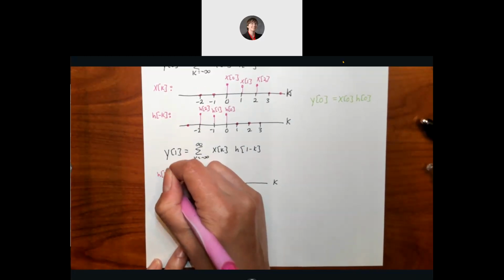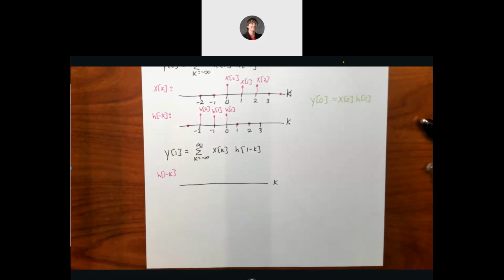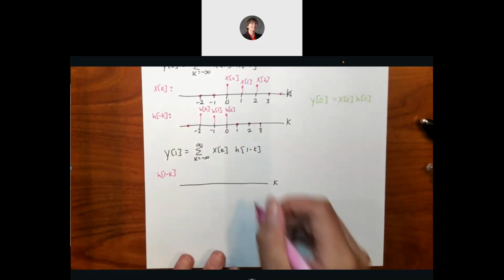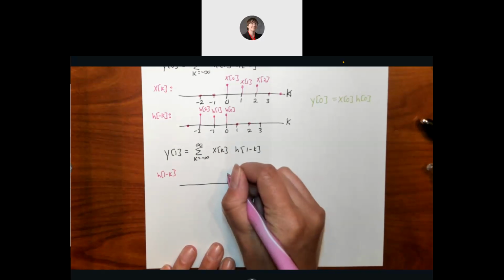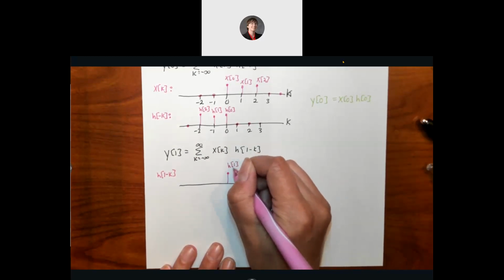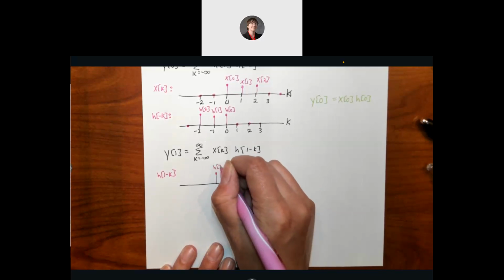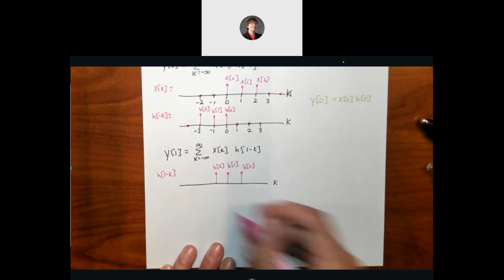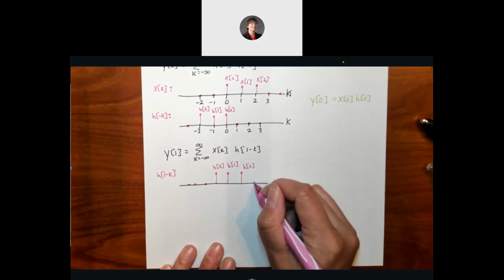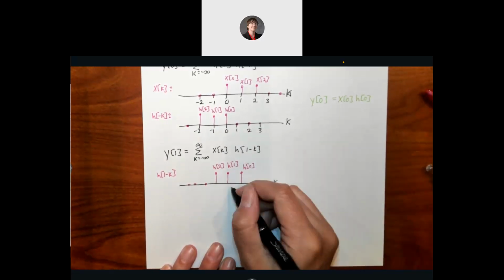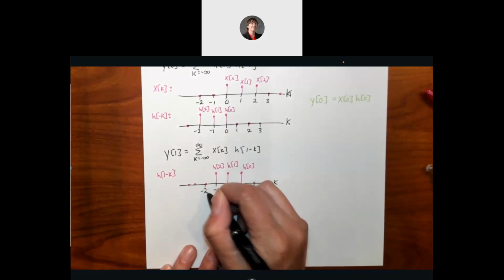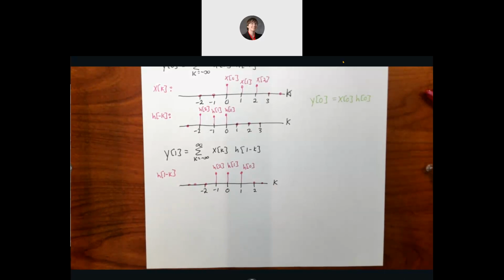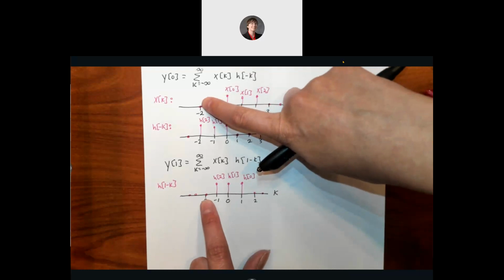And now you're going to have your h of 1 minus k, shifted to the right by 1 from what we had in this case here. So this would be your k equals 0, 1, 2, minus 1, minus 2, so on and so forth.